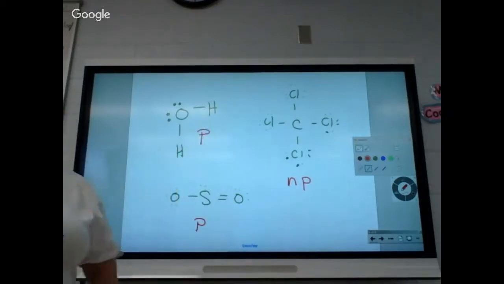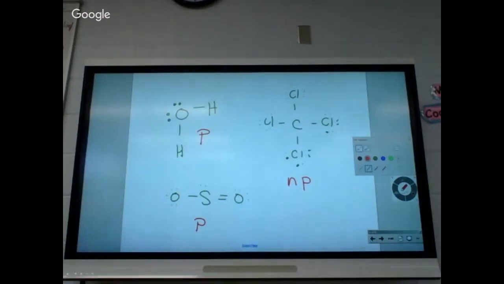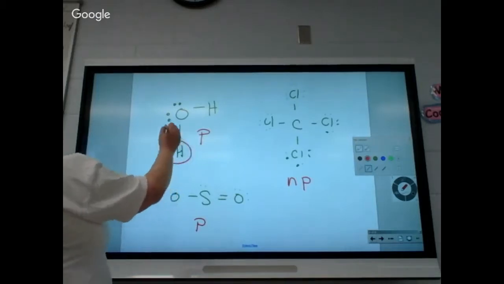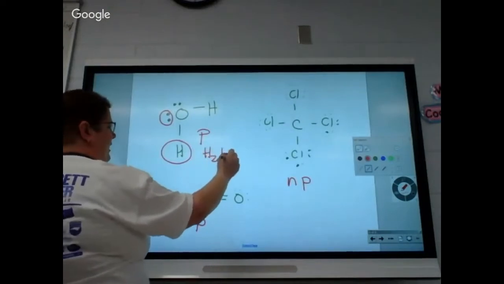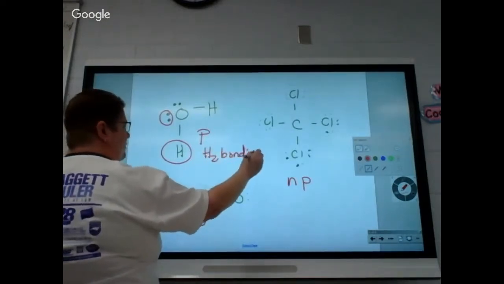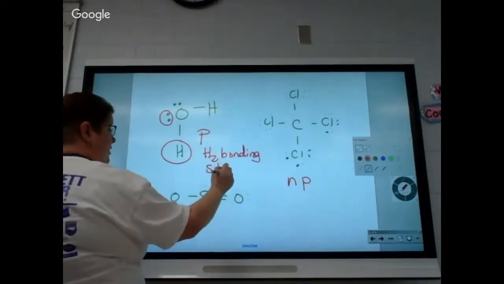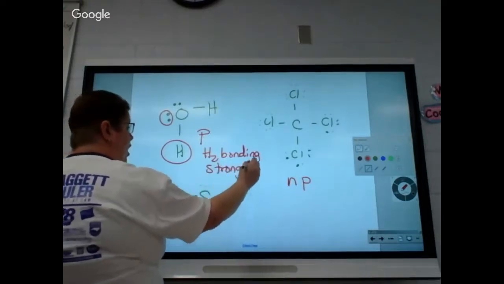So, whoever has hydrogen bonding has to have what 2 things? It has to have hydrogen and it has to have lone pairs. So H2O is the only one with hydrogen, and the only one with a lone pair. That has hydrogen bonding, which makes it the greatest. It's the strongest of these 3.